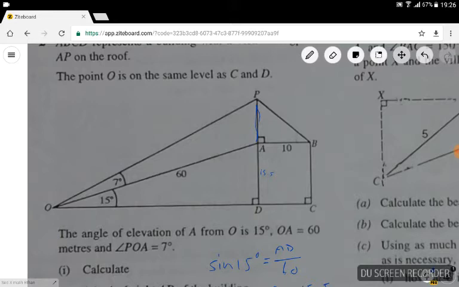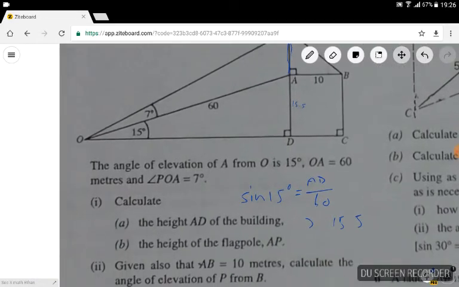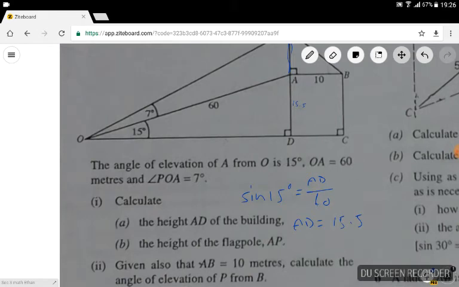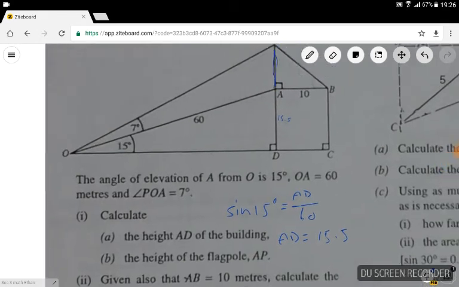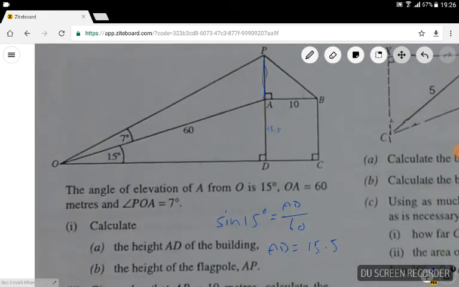Okay, so the first thing we do is we can find OD. Right, we need to find OD. OD is the base. What's the length of the base? To find OD, I can either use Pythagoras theorem or I can use trigonometry again, right? So maybe we want to use Pythagoras theorem. Why do I want to find this length?